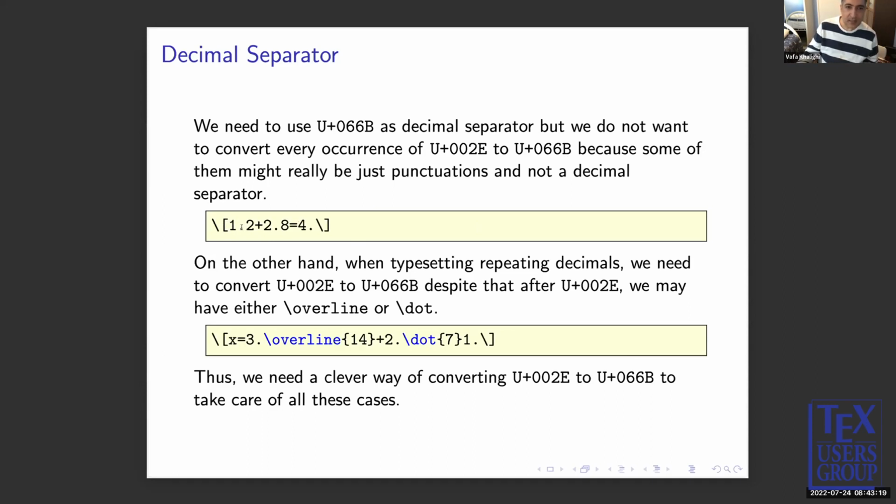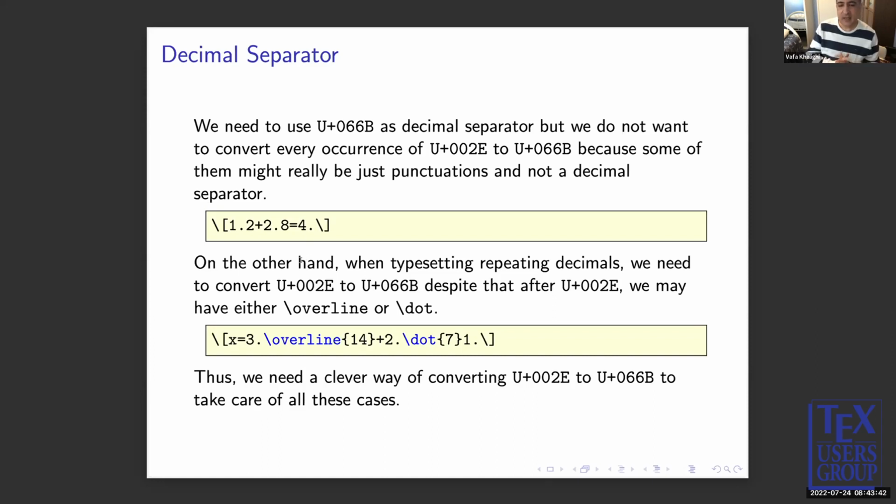Obviously the first dot and the second dot are decimal separators. So obviously we need to convert them to decimal separators, but the one at the end is just a punctuation mark. So we don't want to convert the last one to a decimal separator.